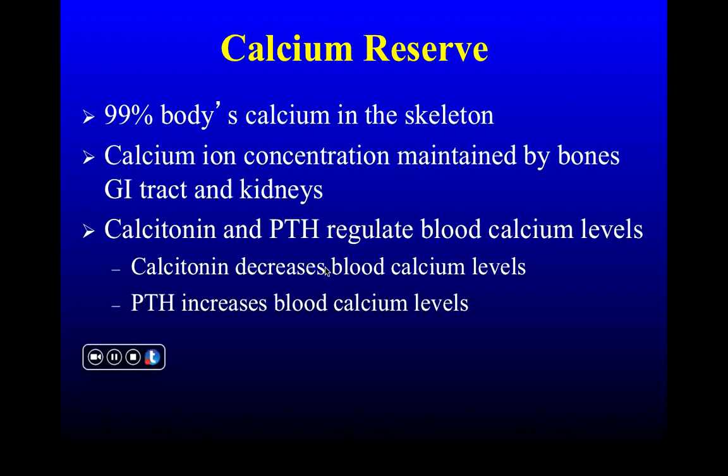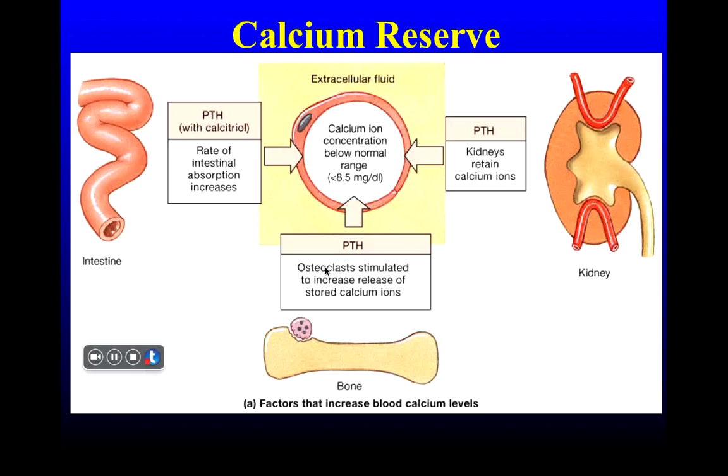The other one, what do you think it's going to do? When blood calcium levels are too high, which is also dangerous, it's going to want to store that calcium in bone. So it's going to stimulate bone formation. And how is it going to do that? By increasing what bone cell activity? That's right, osteoblasts.